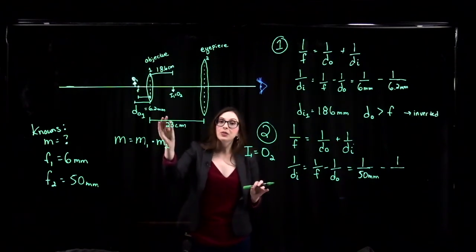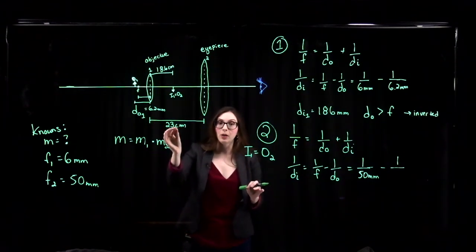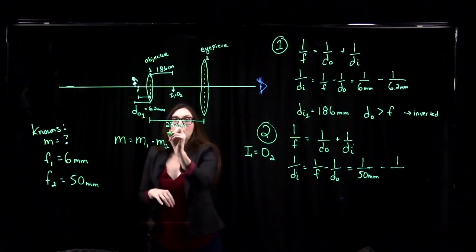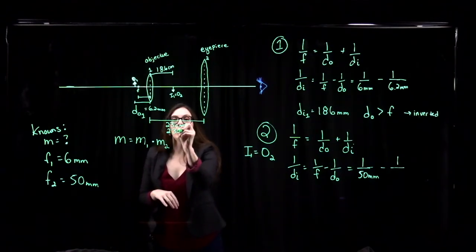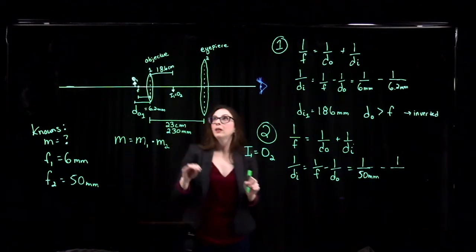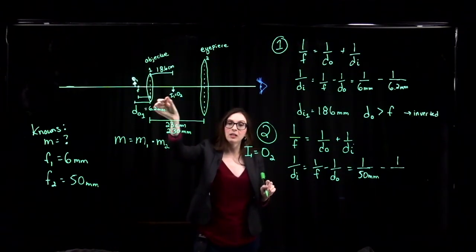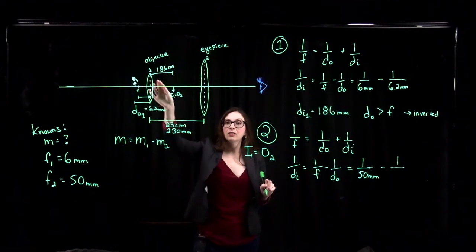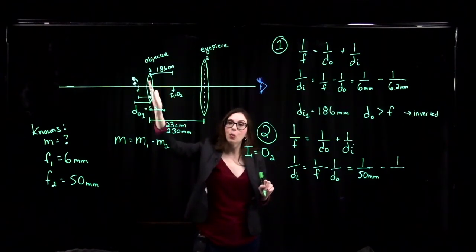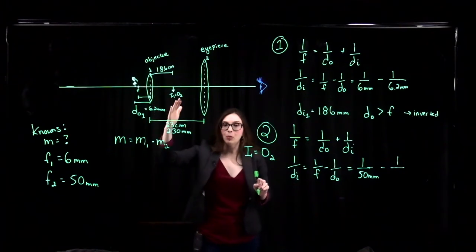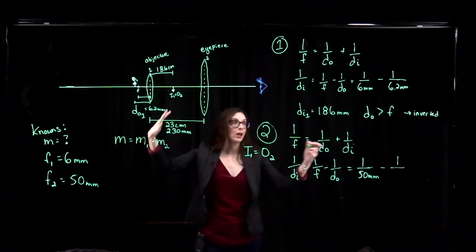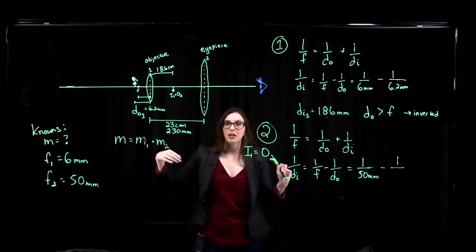We were told that there was a distance of 23 centimeters between both of my lenses. This is the same thing as 230 millimeters. And I already found that my image from the first lens, which is the object for my second lens, is located 18.6 centimeters away from the first lens. So 18.6 centimeters is the same thing as 186 millimeters.